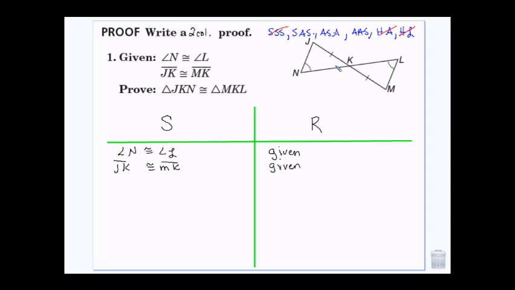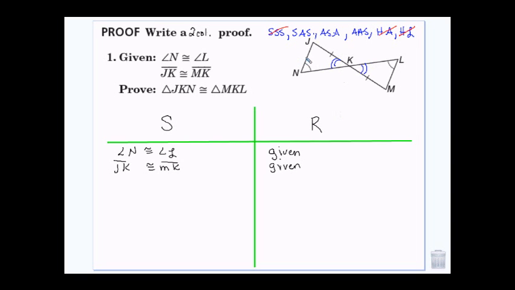NK and KL. I don't know for 100% certainty that those are the same length, right? JM and NJ, all the way across. What do I know about these? They're vertical. So they're the same, right? Anytime I have vertical angles, I know they're the same.